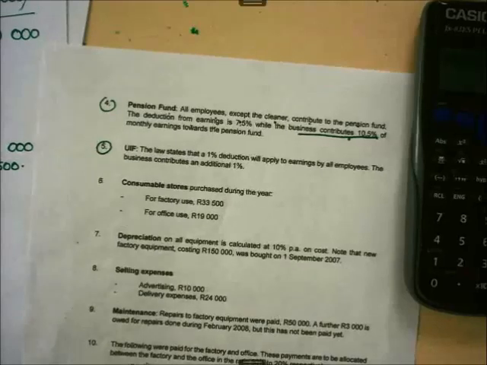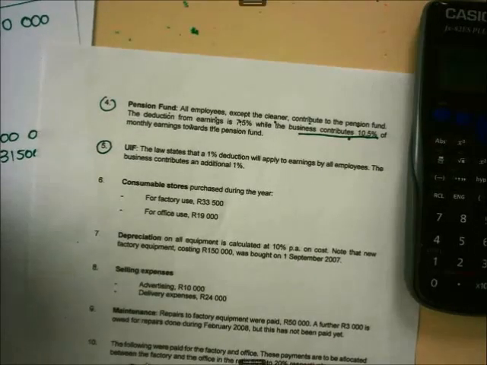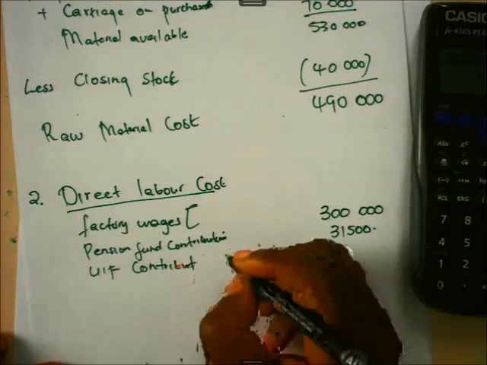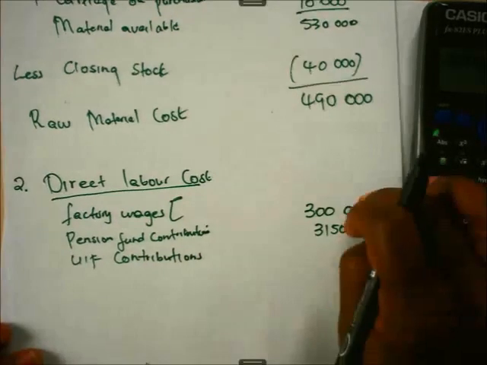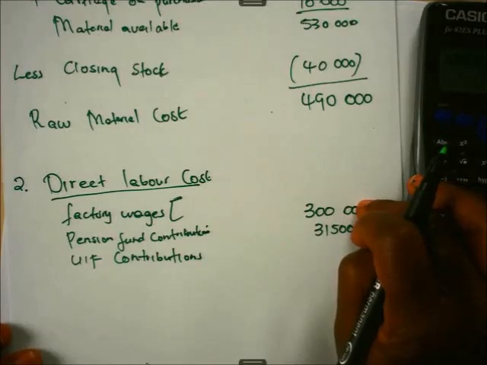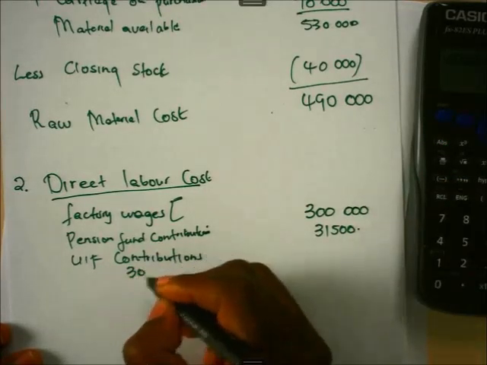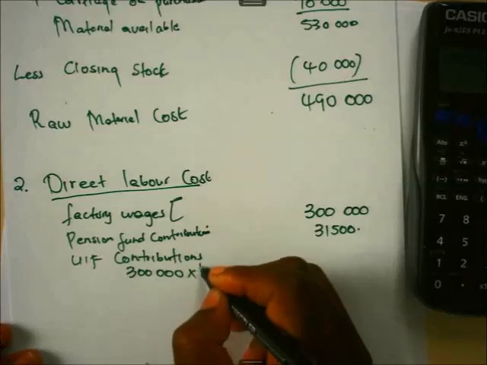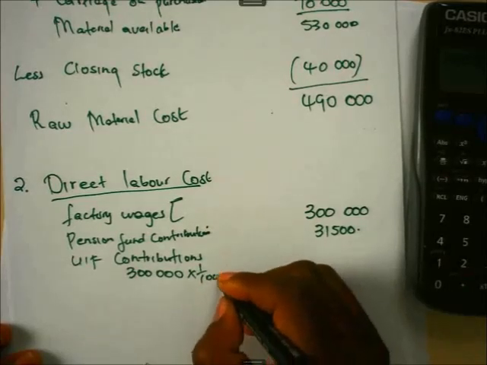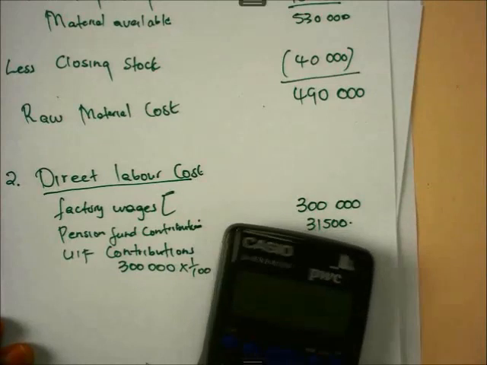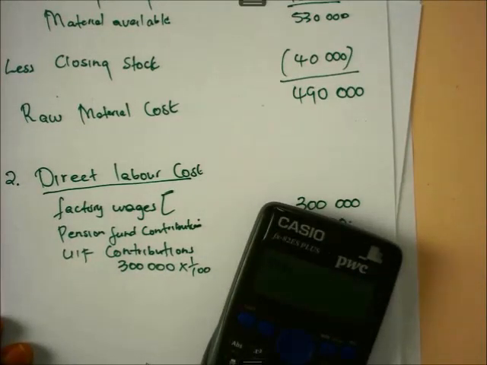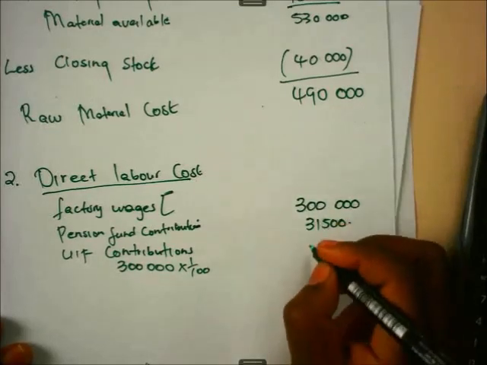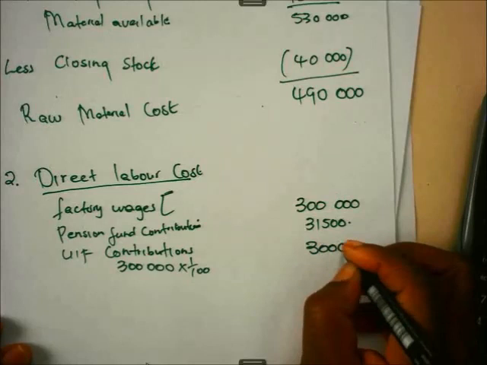Now we move to the UIF. UIF contributions. Do not forget we have the salary of 300,000, or wage of 300,000. So we are going to calculate 1% of 300,000 to get the UIF contribution. Here we go. Say 300,000 multiply by 1/100 to get 3,000. The UIF contributions will be 3,000.